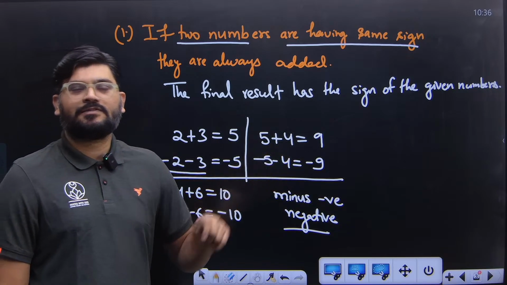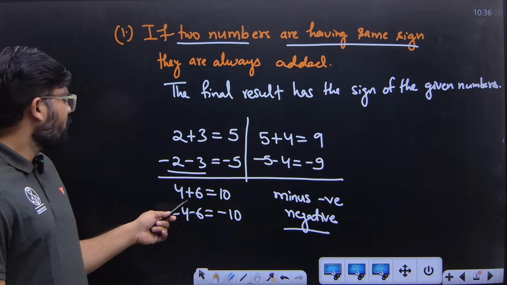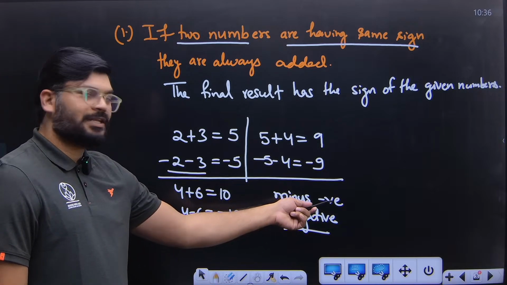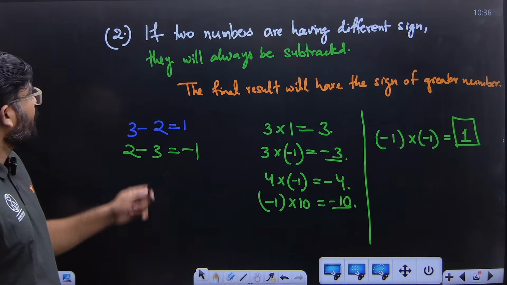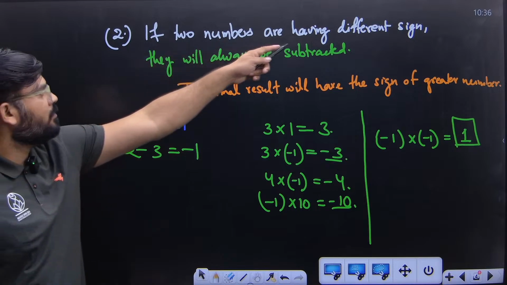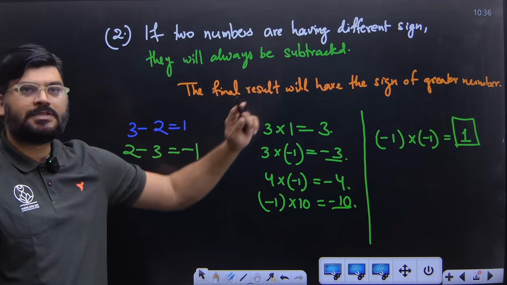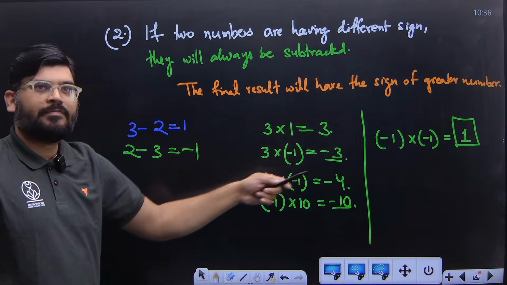Then if two numbers have different signs, they will always be subtracted, and the final result will have the sign of the greater number.